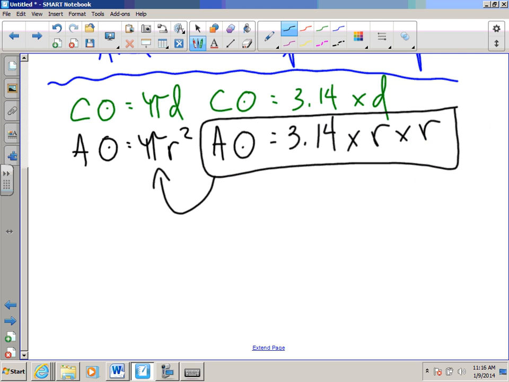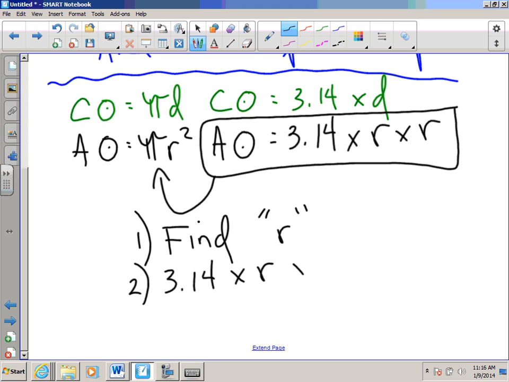So if we were going to come up with some steps for this one, finding D wouldn't necessarily be my first step because I'm not using D, am I? I want to find R. Step 2, once I found R, would be to plug it into this equation.